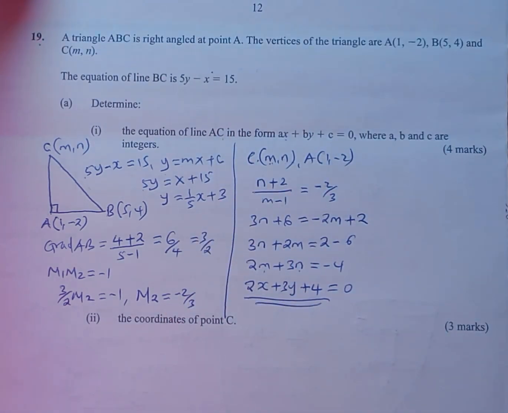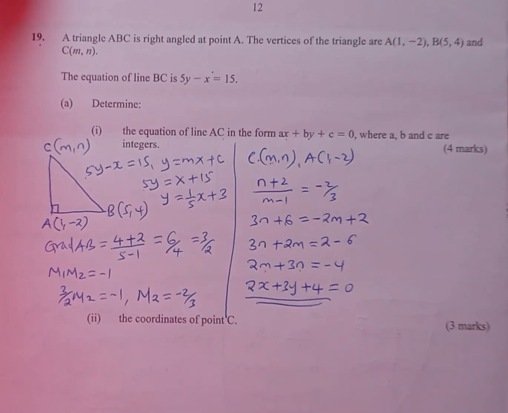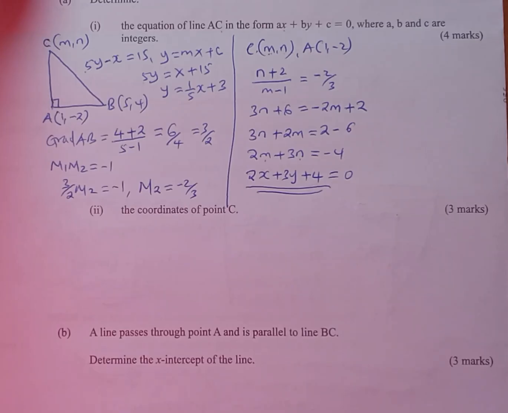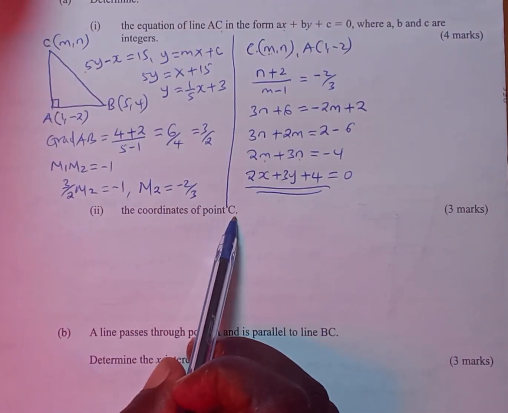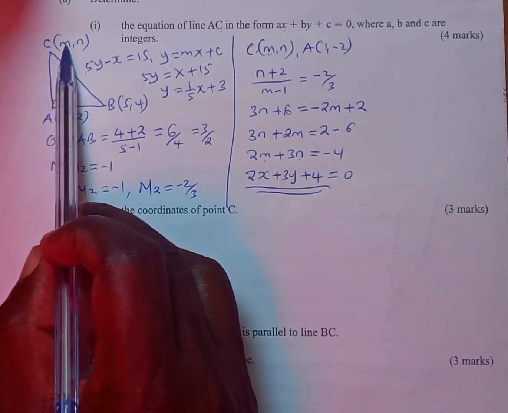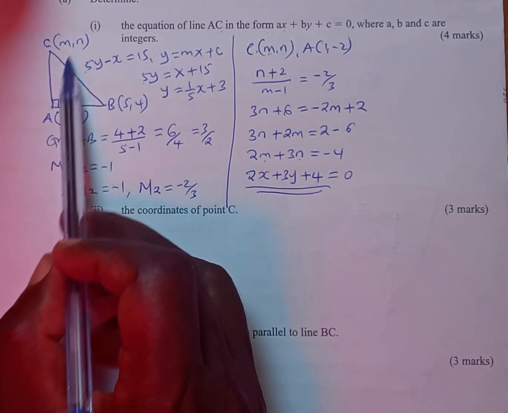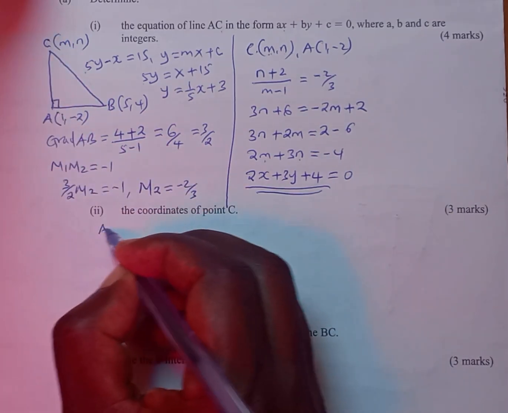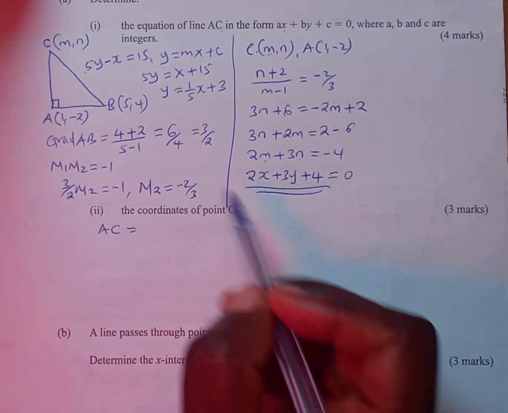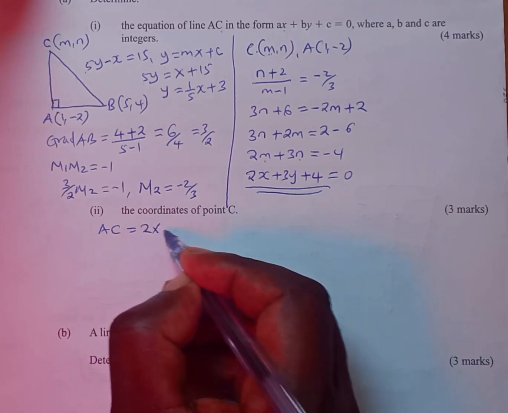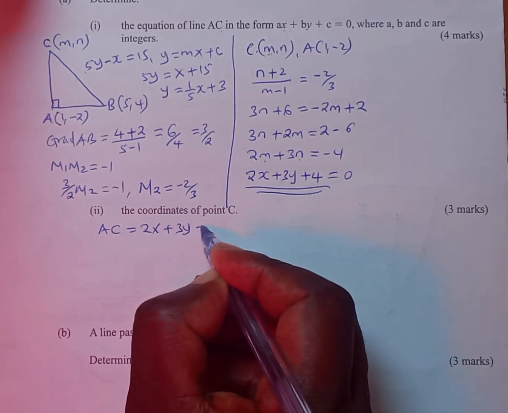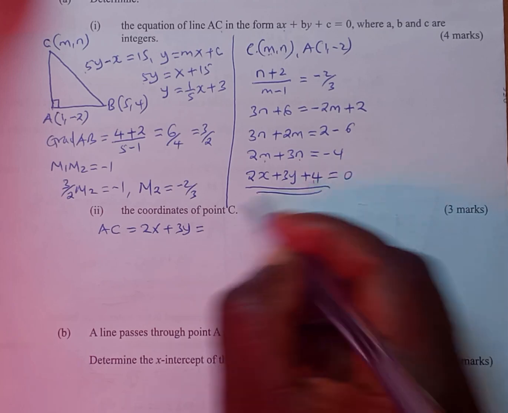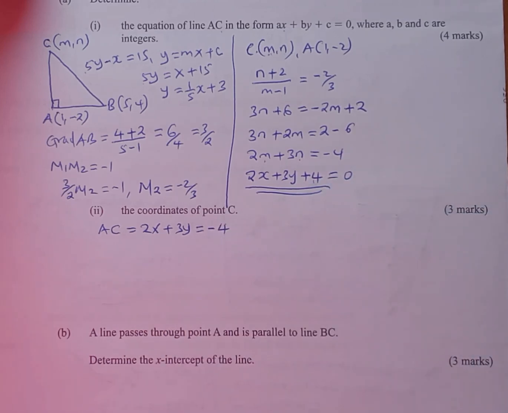Once we have done that, we can now move to Roman 2. So Roman 2, we need the coordinates of point C, which is the value of m and n. And since we have the equation for AC, which is 2x plus 3y, we can move this c to the other side so that we form a simultaneous equation.